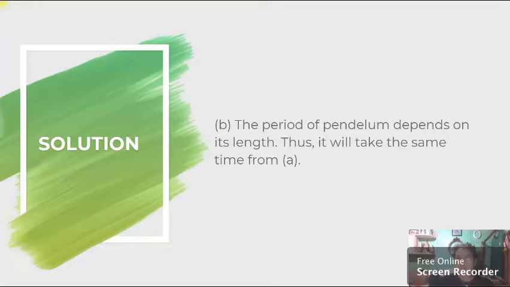We need to bear in mind that the period of a pendulum depends on its length, so it is independent of the amplitude of the simple harmonic motion. Therefore, it will take the same time as letter A. That's all, and thank you.